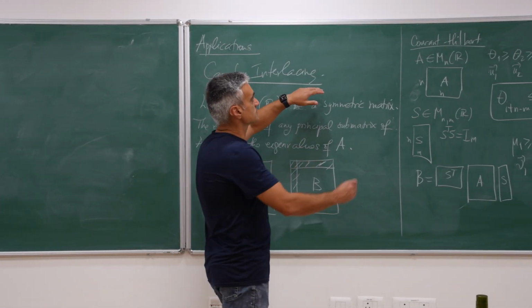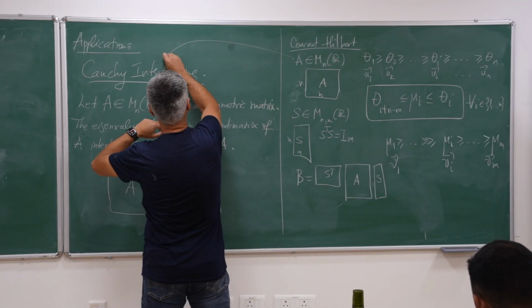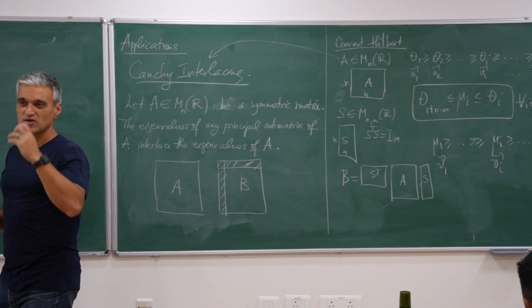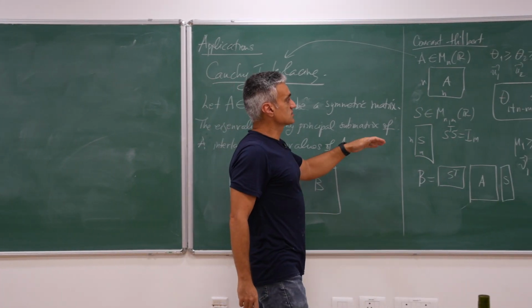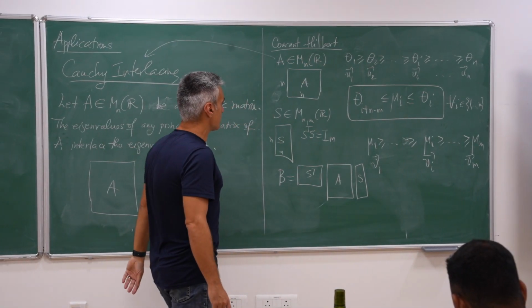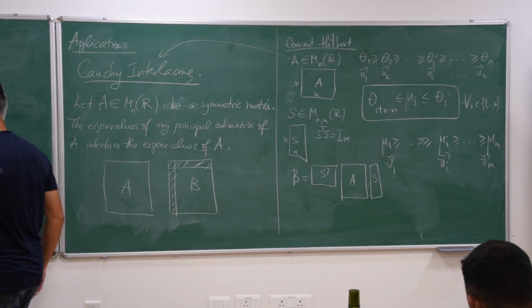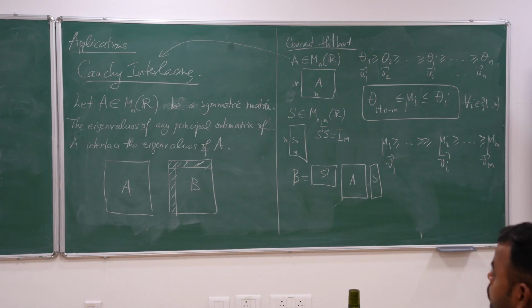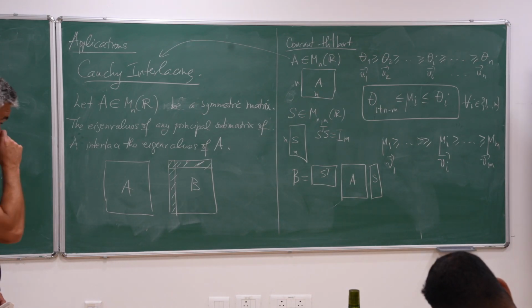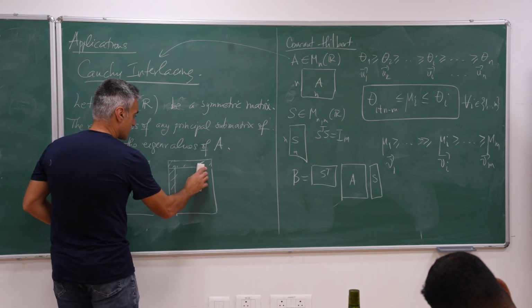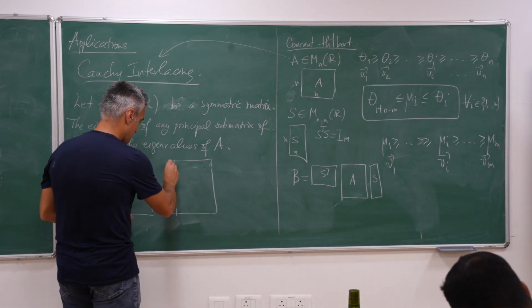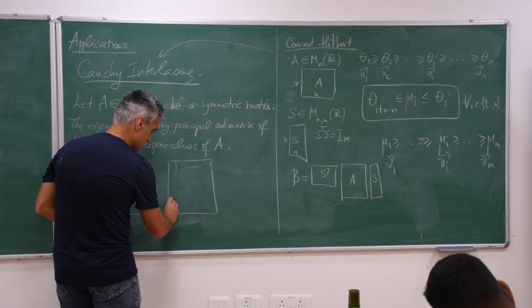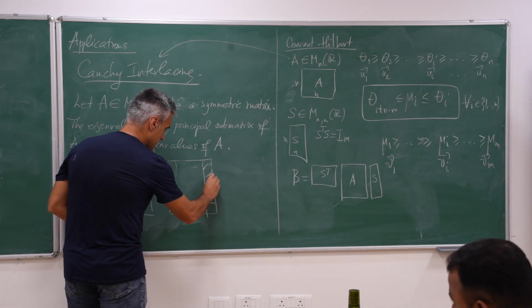Now, how does this imply this? Because here, this is general, this is S something. So maybe I'll change the picture. Let's say I delete the first row and first column, or I want to delete the last row and the last column.